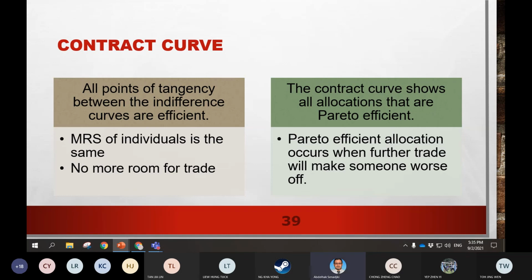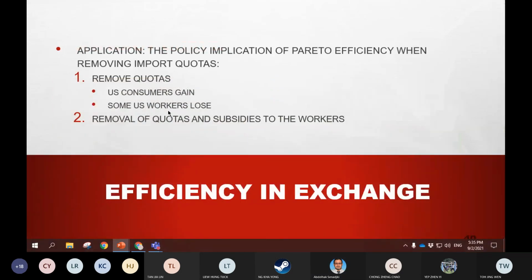So, for example, here we have a quota. US consumers may gain, for example, from the price of petrol, with workers losing, or vice versa. Here we have an example of the quota on steel or iron imports into the United States.